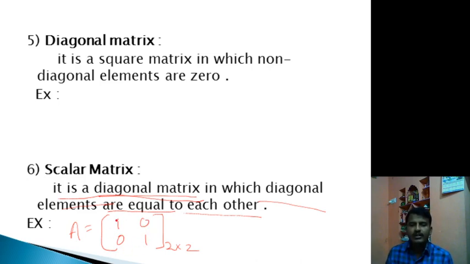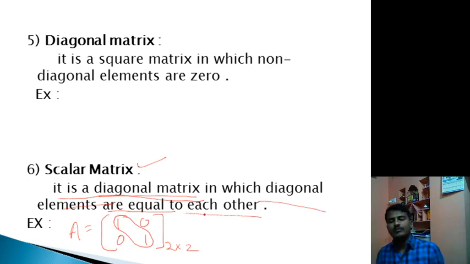Also, it is a scalar matrix because diagonal elements are the same. The difference is, in a diagonal matrix the diagonal elements can be different. If the diagonal elements are the same, such a matrix we can call a scalar matrix.